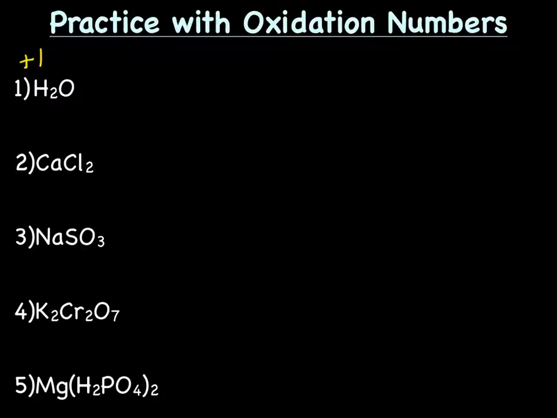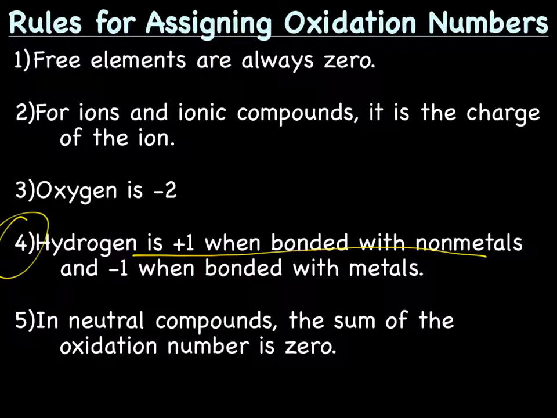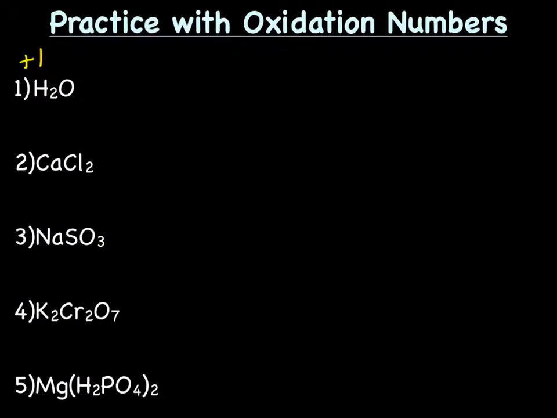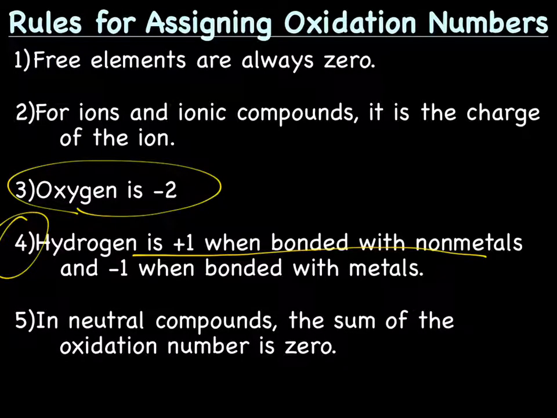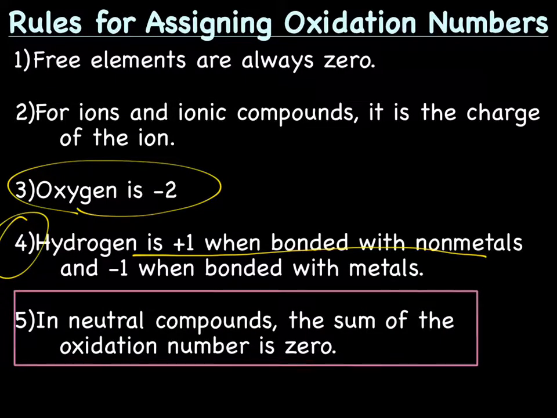Now let's look at oxygen. Oxygen is always 2-. All right, let's look back at this last rule here, number 5. In neutral compounds, the sum of the oxidation numbers is always 0.